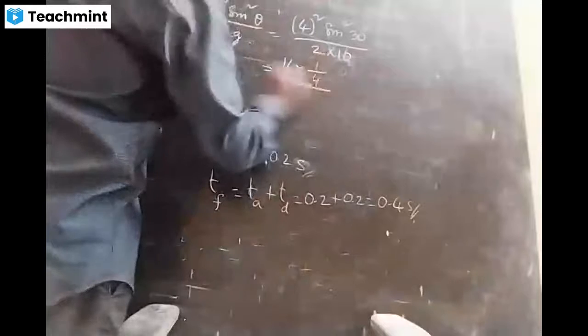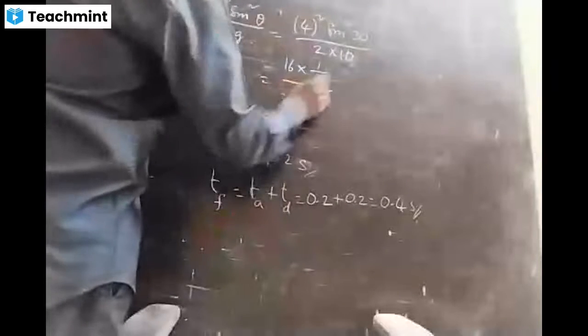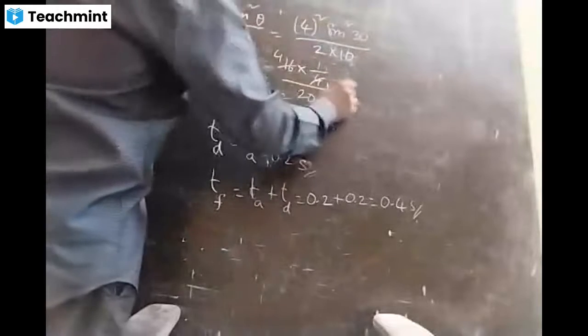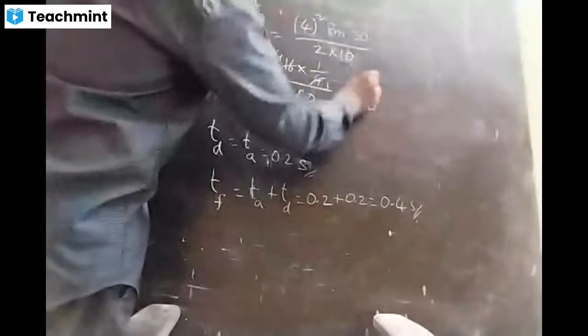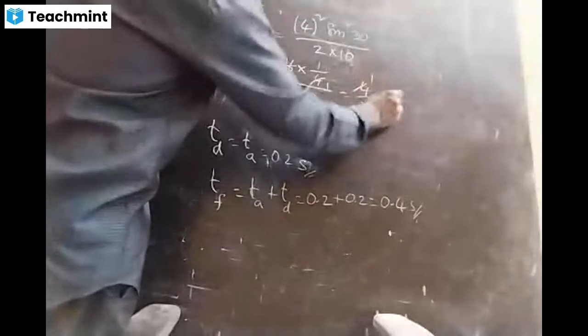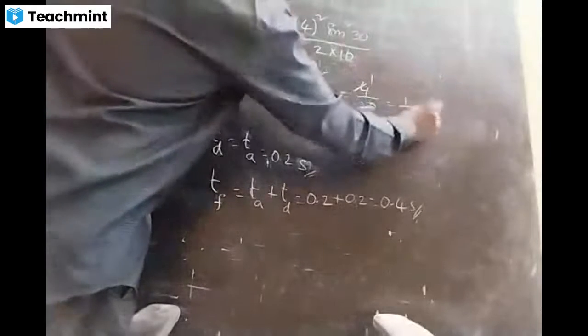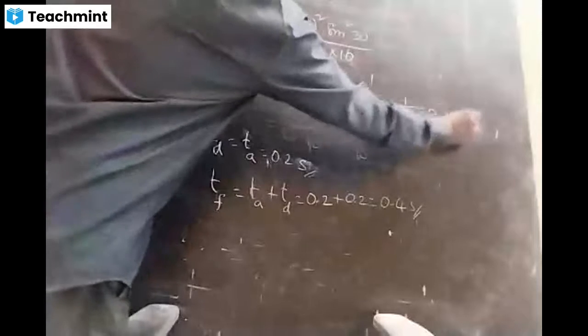By 20, that is 4 by 20, which is 0.2. So 1 by 4 is equal to 0.2 meter.